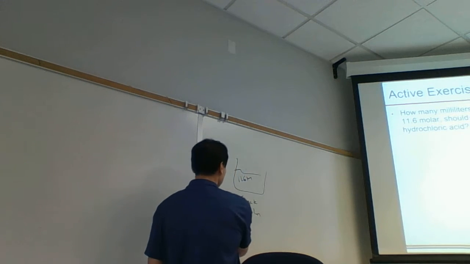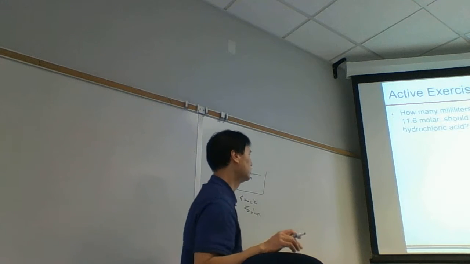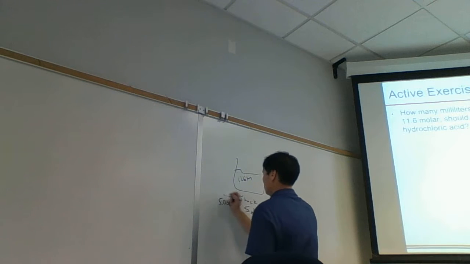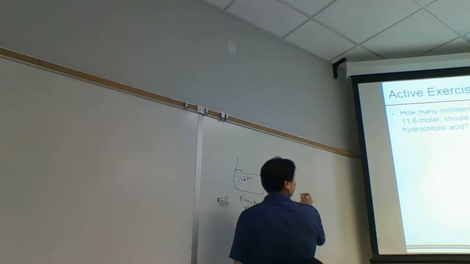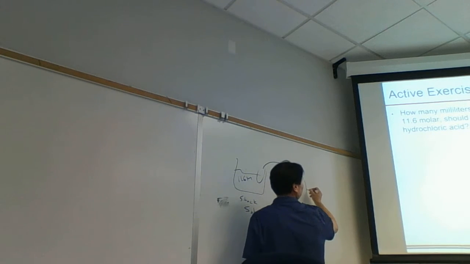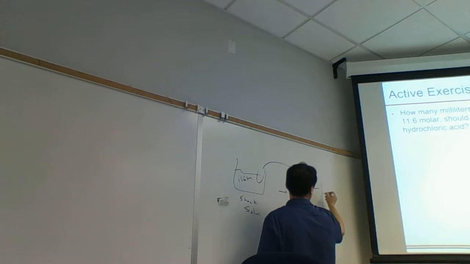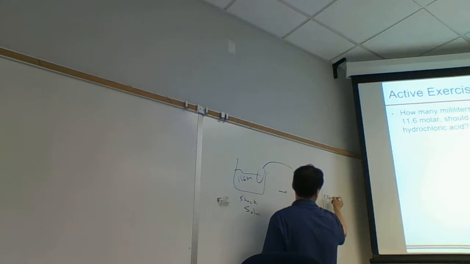And so sometimes it's like a trick question. But what we want to do is take some of this stock solution and put it into a 5.50 liter container. So this is going to be 5.50 liters at 0.500 molar.